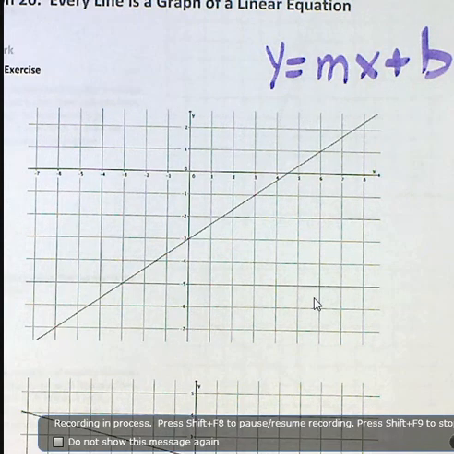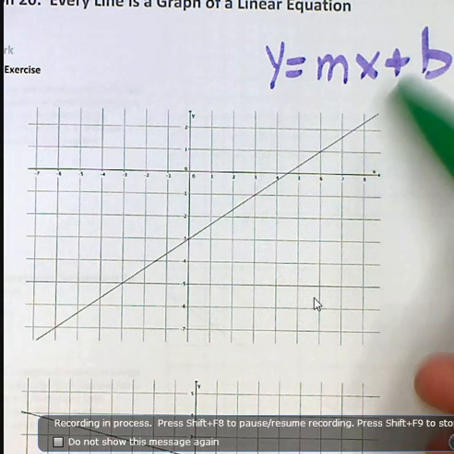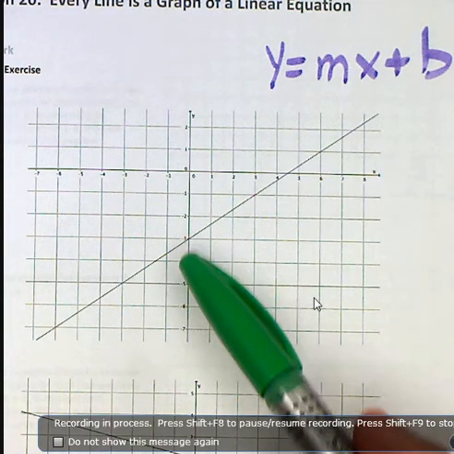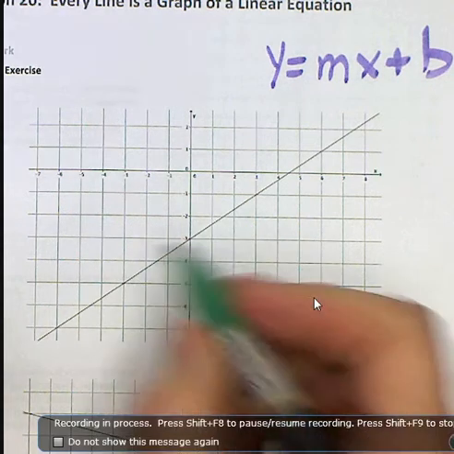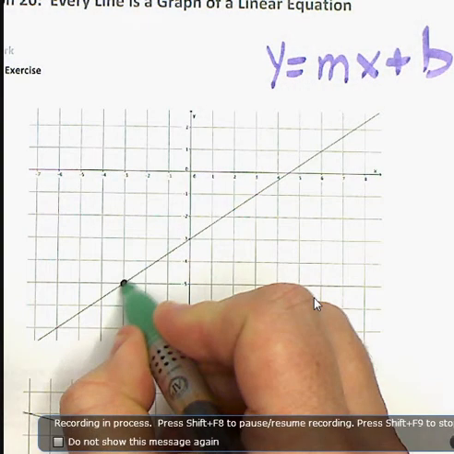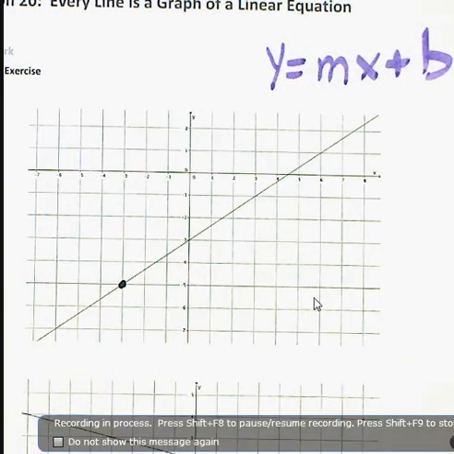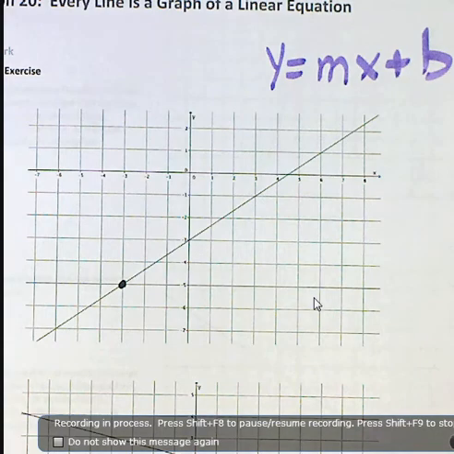All right. So what I want you to do is, on this line right here that's in front of you, find 2 points that land exactly on the corner of a box. For example, I'll show you one right now. Here's one right here that lands right on the corner of a box. I want you guys to find 2. Find any 2 that are on that line.